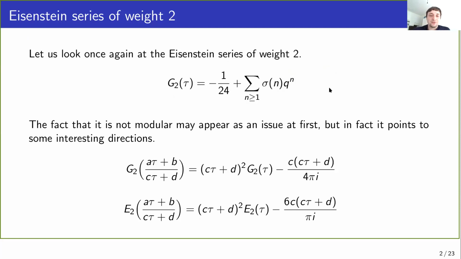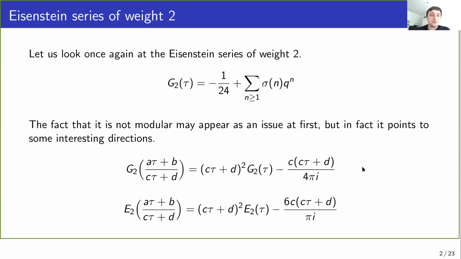While at first it may appear as an annoyance, since you can't apply most of the results we learned, actually it's in a sense a feature. It points to some interesting generalizations of modular forms, and we'll talk about two of them. There's certainly more ways of generalizing this behavior.